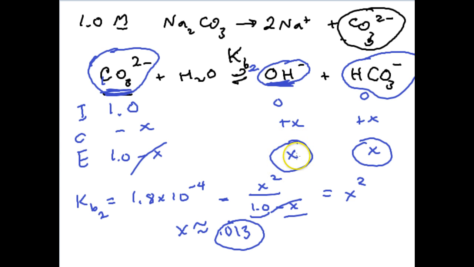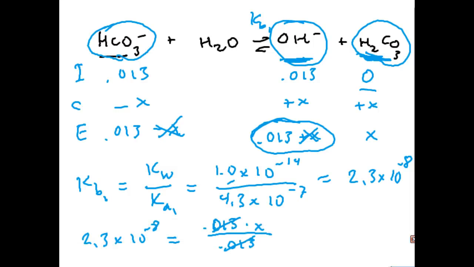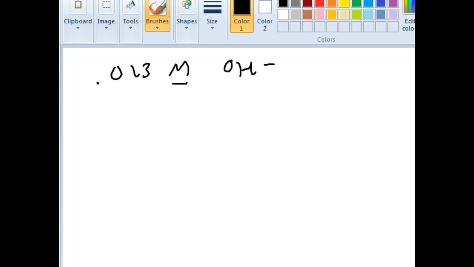Oh, okay. So the OH minus concentration didn't change. So we have found here that 0.013 molar OH minus came from the carbonate ion, and virtually no more OH minus came from the HCO3 minus ion. Okay, so this is our OH minus concentration.